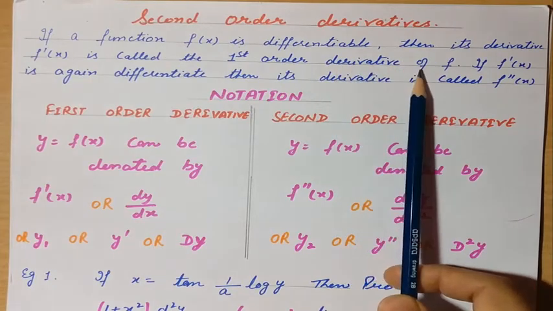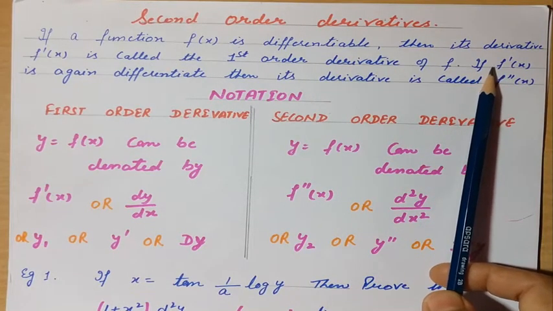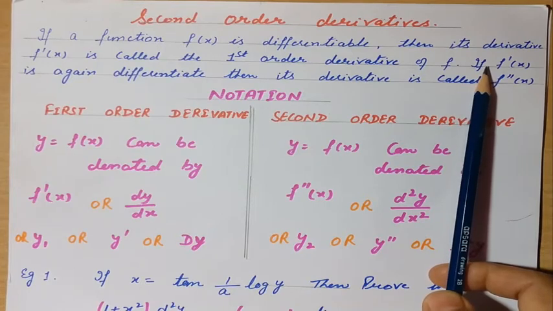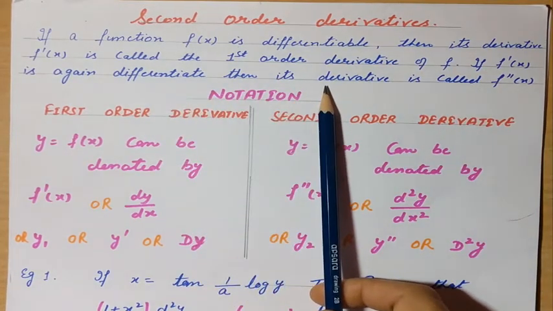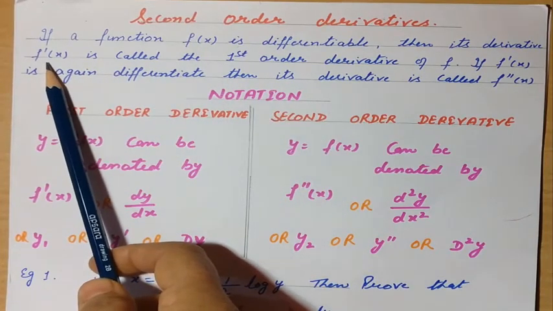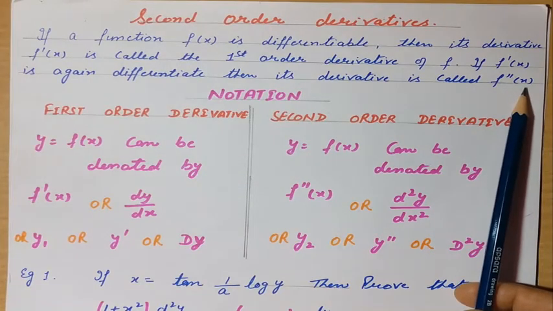But if we again differentiate the answer obtained after the first differentiation with respect to the same variable, that is called the second derivative. First order is represented by f'(x), so second order will be represented by f''(x).